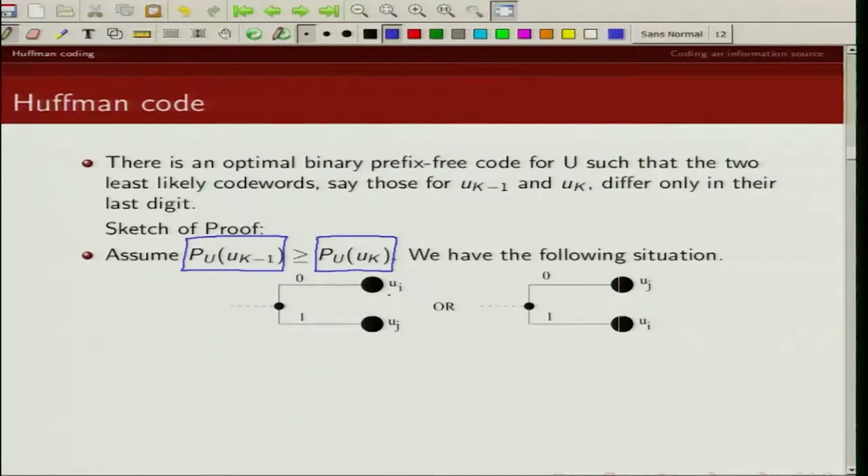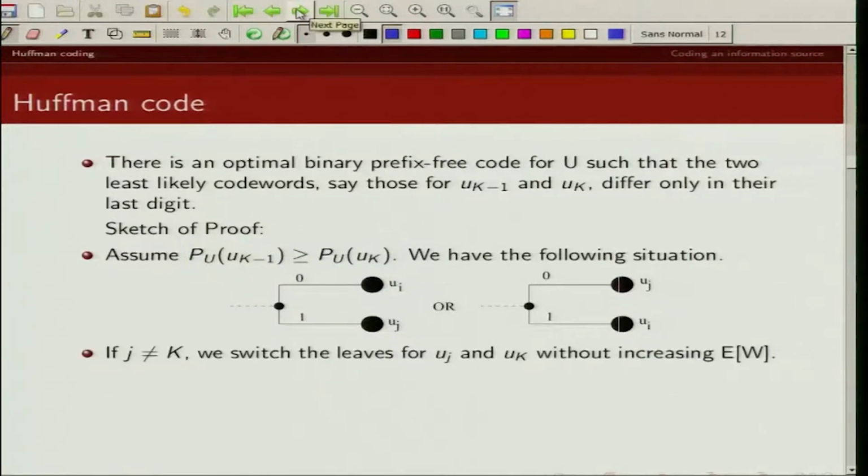We have a node at highest depth where you have two code words U_I and U_J. We can have something like this. Now what we can do is, if let's say J is not equal to the least likely code word, then we can always replace U_J by the code word corresponding to U_K.